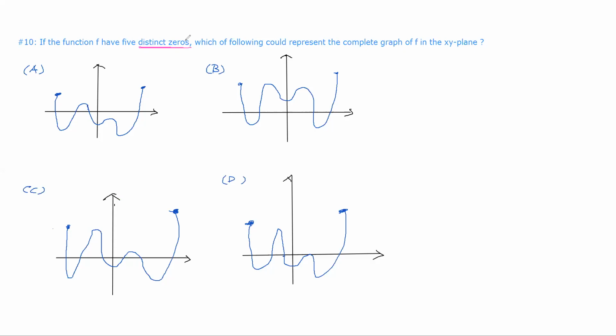So take a look: 5 different zeros. Let's look at number 1. The zeros are where the graph touches the real number line. So this is 1, 2, 3, 4.